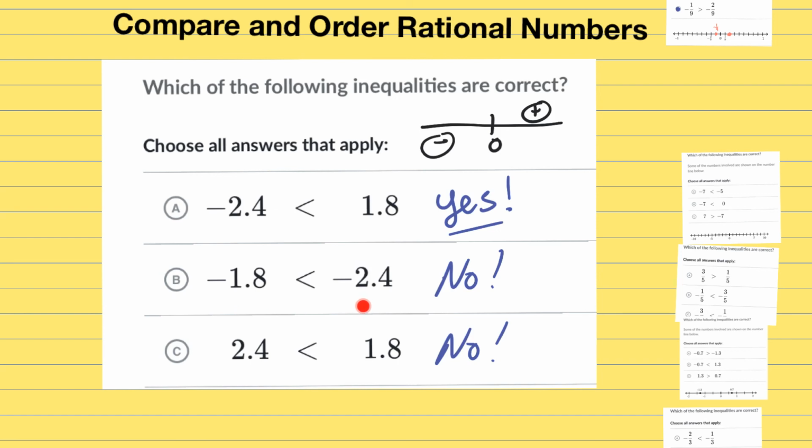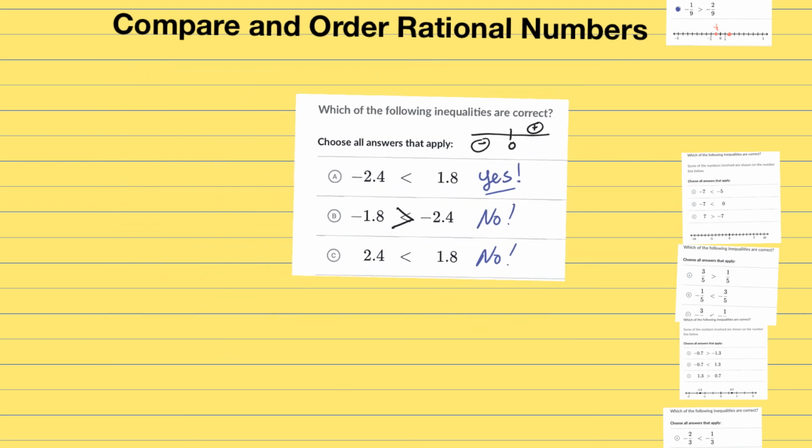Is that less than 2.4? Well, negative 1.8 would be closer to 0. The number closer to 0 has to have the inequality that is greater than. So that one's no good. And then the last one, 2.4 is less than 1.8. Well, positive 2.4 would be further away from 0 than 1.8, so it can't be less than, it has to be greater than. So there was only one correct one there.